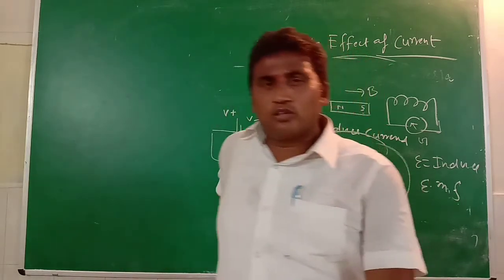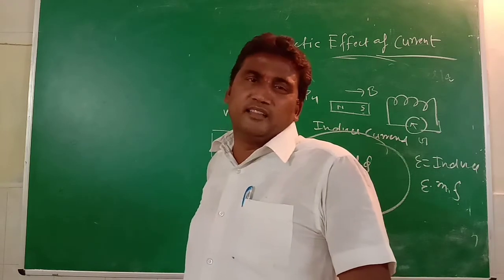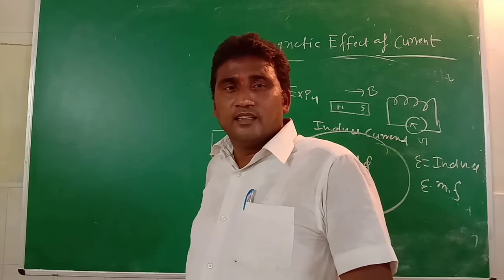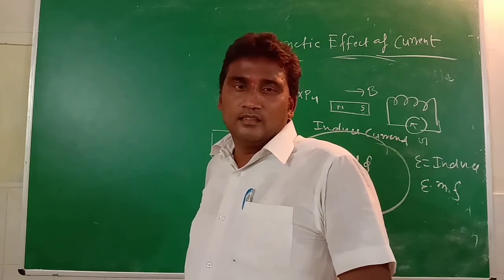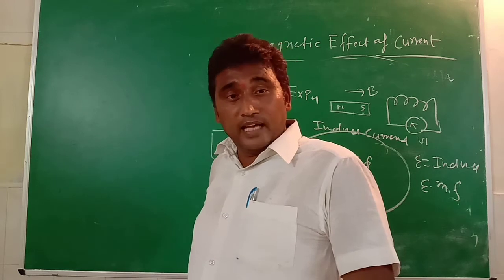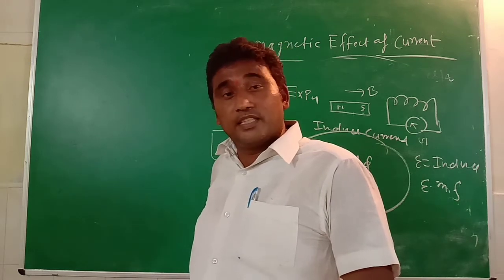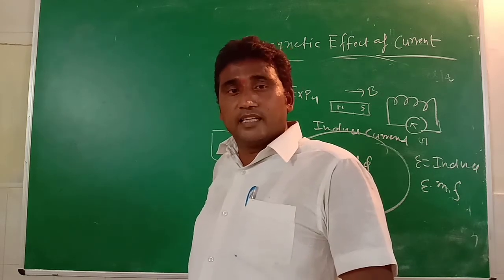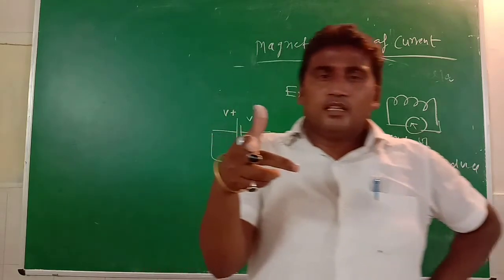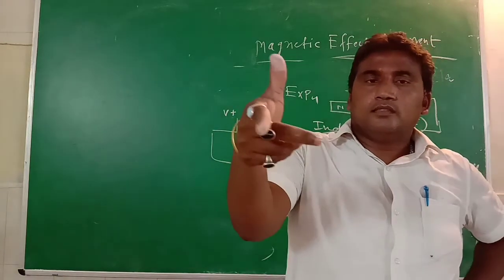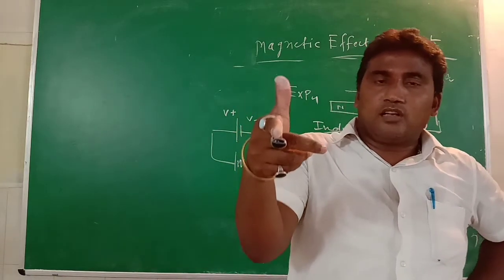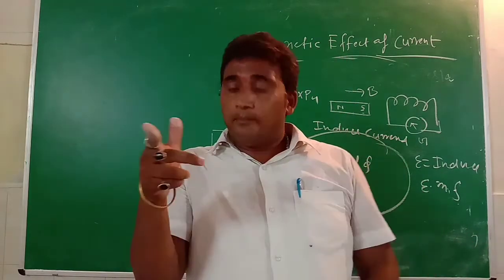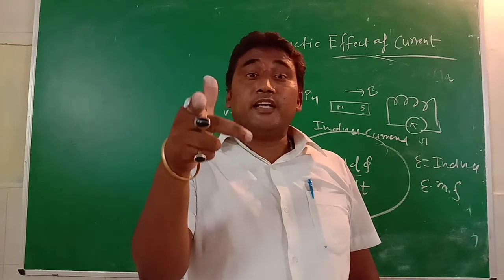Why do I discuss electromagnetic induction or induced current in this topic? Because when we discuss our right hand rule, it differs from our left hand Fleming rule. The right hand rule is similar to the left hand rule, but the thumb shows the direction of force, the forefinger shows the direction of magnetic field, and the middle finger shows the induced current.